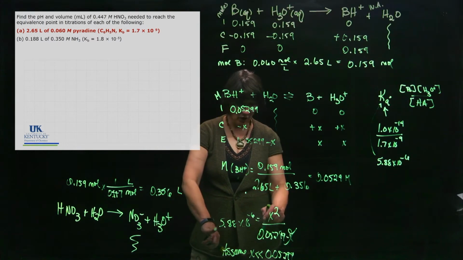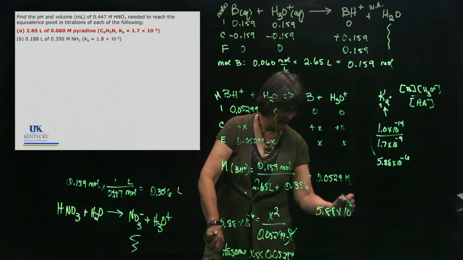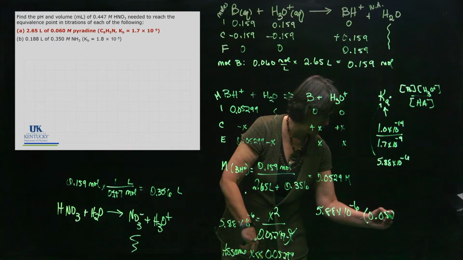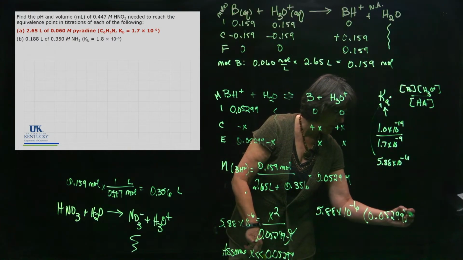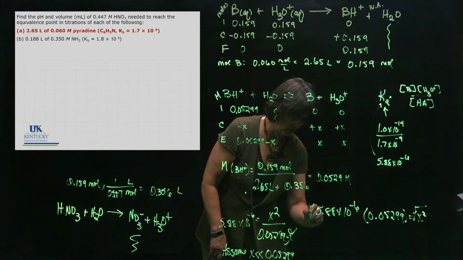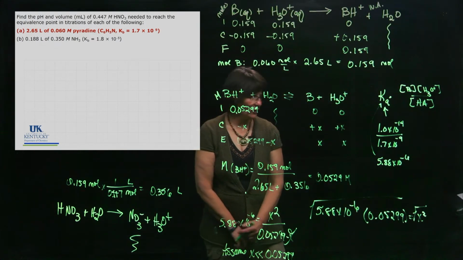Now, what we have, solving for x, it would be 5.88 times 10 to the minus 6 times 0.05299. That would equal x squared. And if we took the square root of it all, that would give me a value for x.